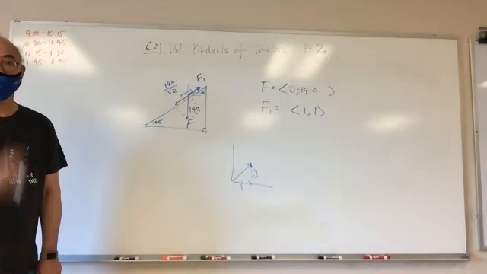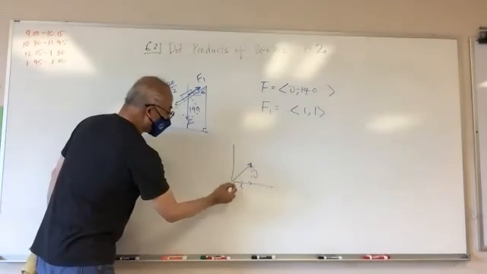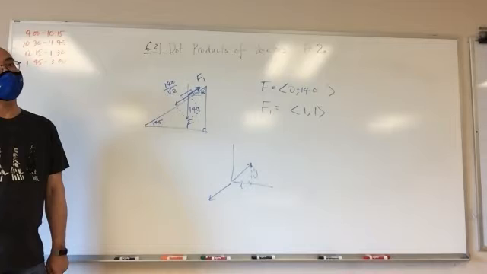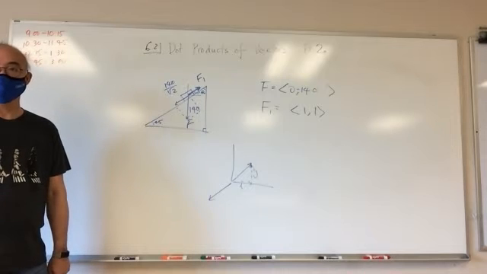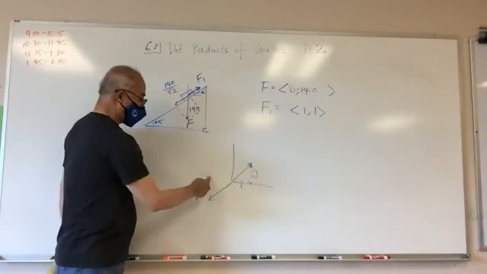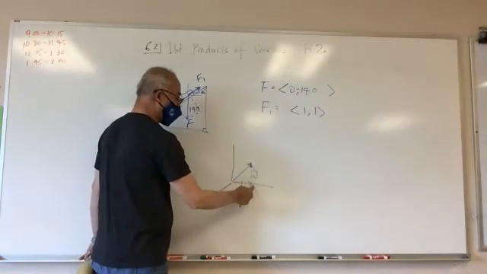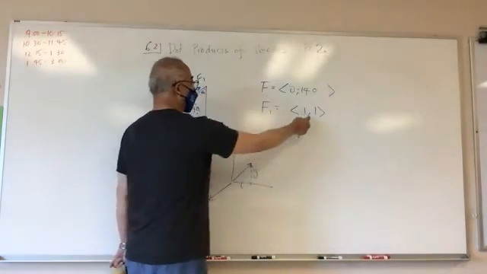If the vector looked like this, what would it be? Wouldn't it be -1 and -1 instead of 1 and 1? So I'm going -1, -1. On this one, I'm going 1 and 1. So I get 1 and 1.